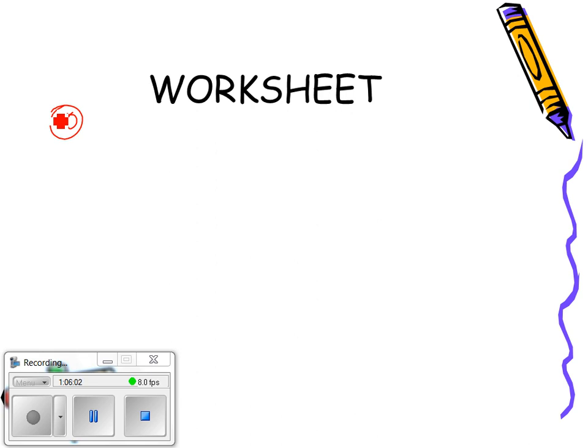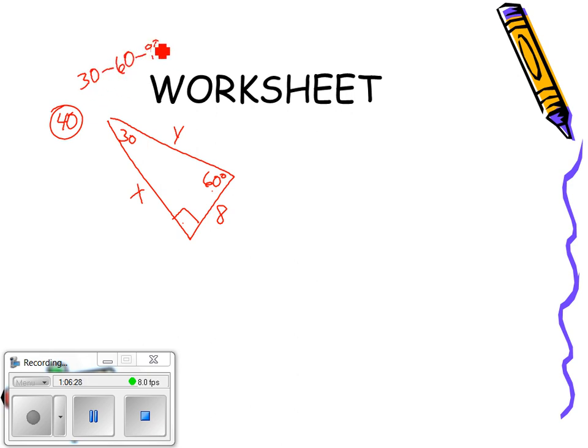All right, problem 40. They tell us we have this triangle, we know that this angle is 90, this angle is 60. That means this other angle's gotta be 30. So this is a 30, 60, 90 triangle that we talked about.